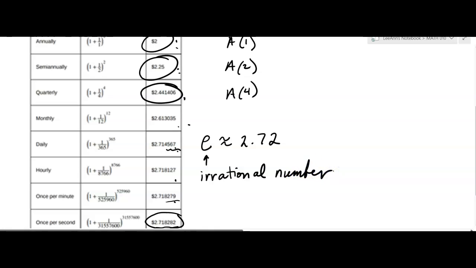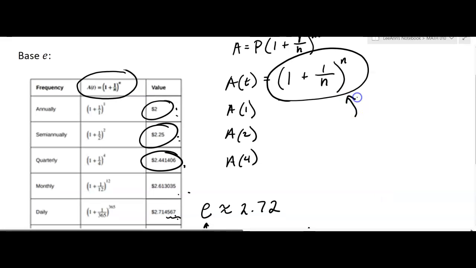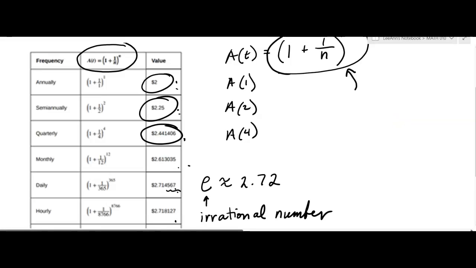Our calculator has a button that will give it to us. We'll talk about that in a second. So it's another irrational number that we have, and it represents this idea of what happens as n gets larger and larger in that formula that we had. I'll scroll up. In that formula right there, it starts to approach a limit of about 2.72.